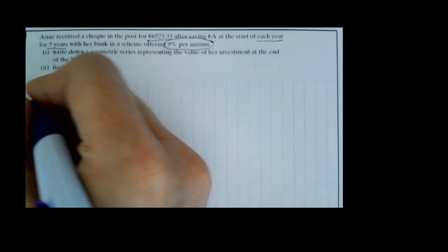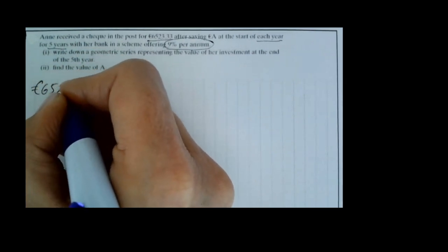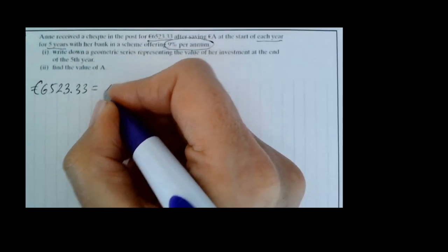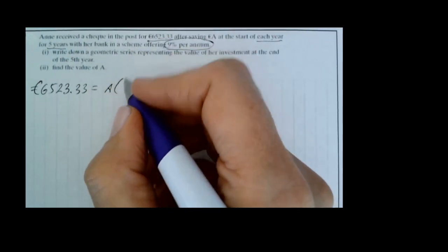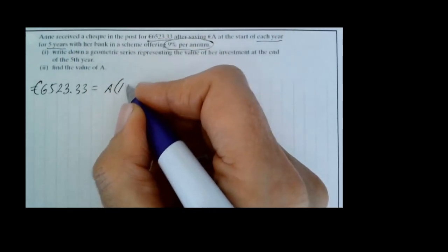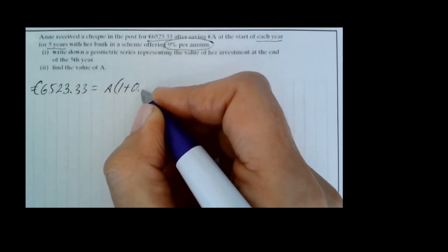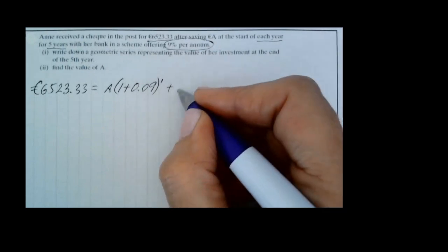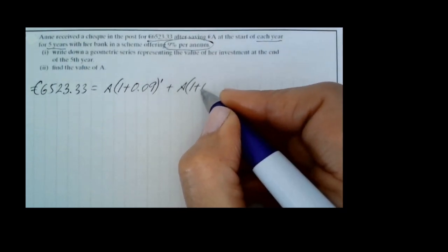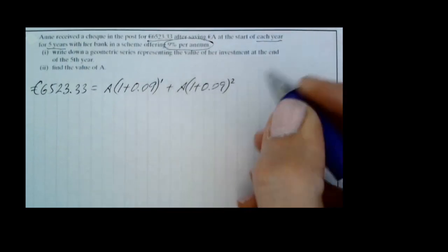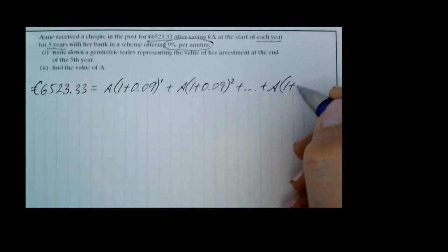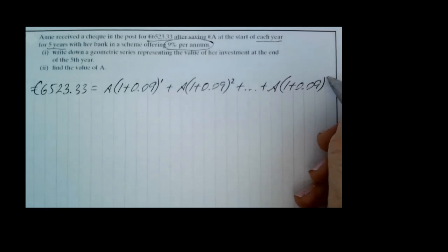That means that 6,523.33 has got to be equal to whatever this amount is, multiplied by 1 plus the decimal form of that rate, 0.09 to the power 1. And of course, then 1 plus 0.09 to the power of 2, and all the way along to 1 plus 0.09 to the power of 5.